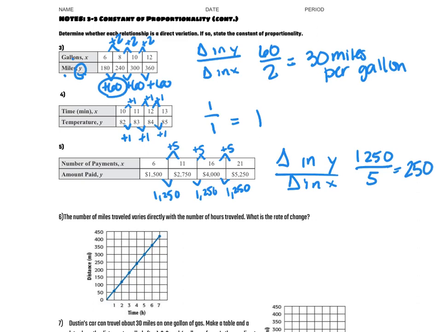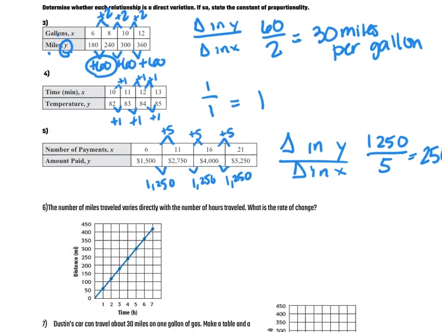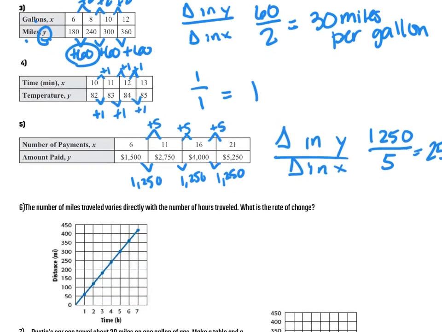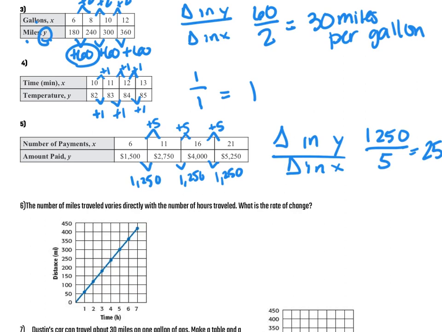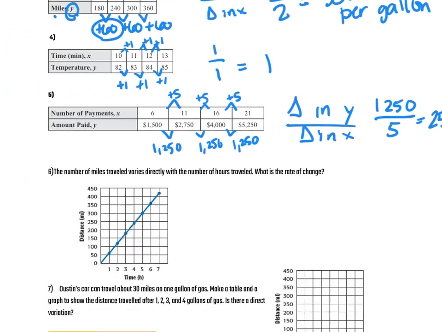But let's write it 250 what? Amount paid per payment. That's what we were getting into last period. So it's really going to be cost per payment or amount paid per payment. So I would say cost per payment. But just the wording is kind of tricky.